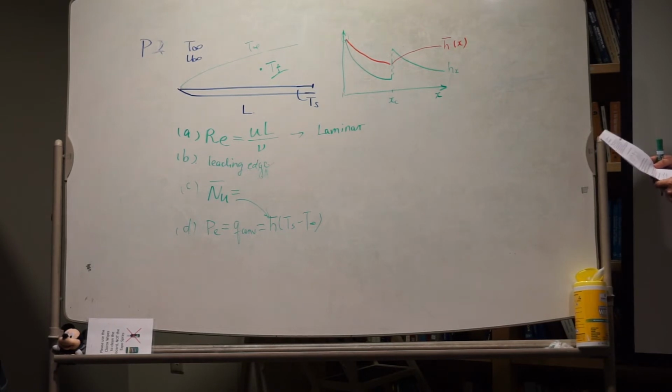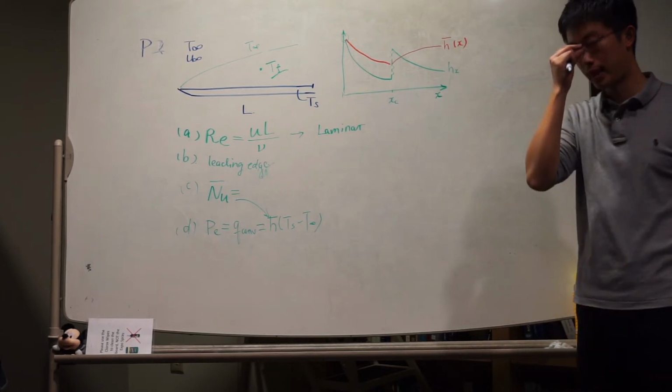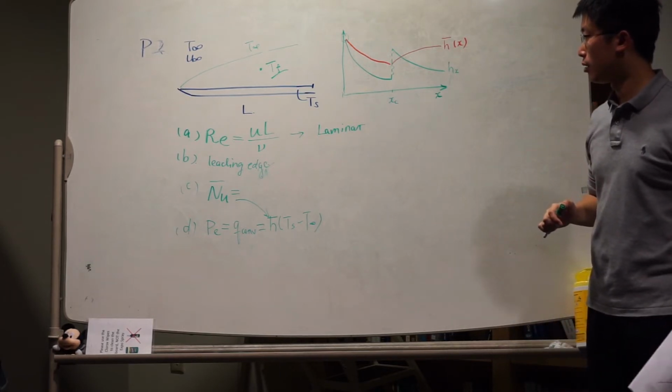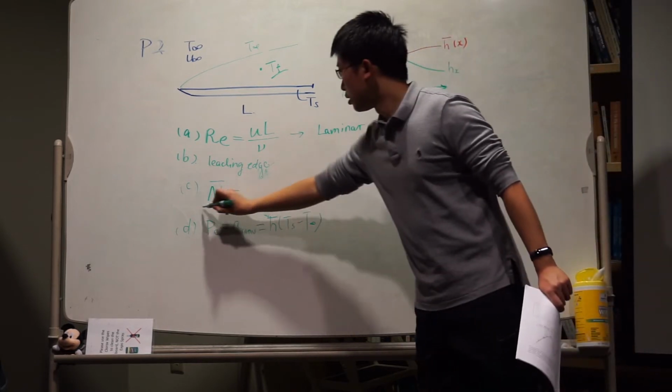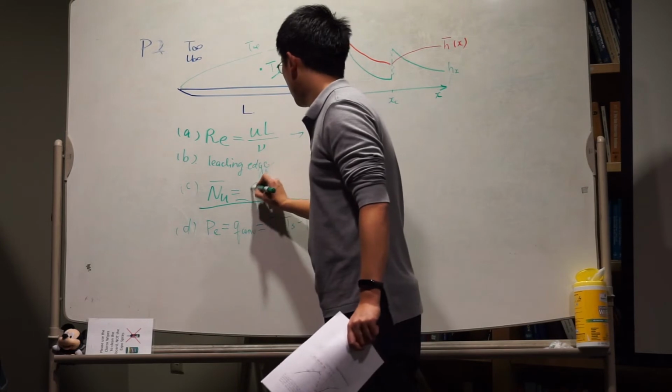And the second part of this problem is the evaporation, which is a mass transfer problem. By the heat and mass analogy, for heat transfer, we know this correlation.